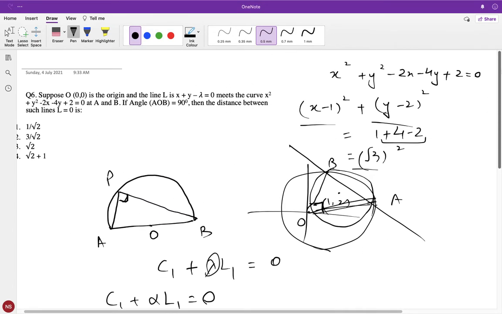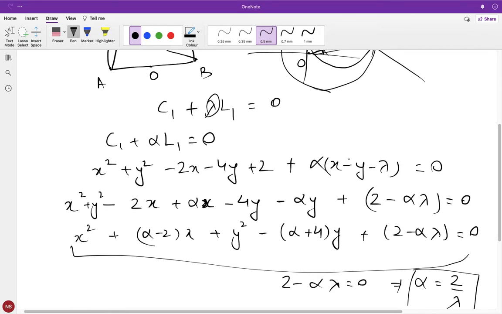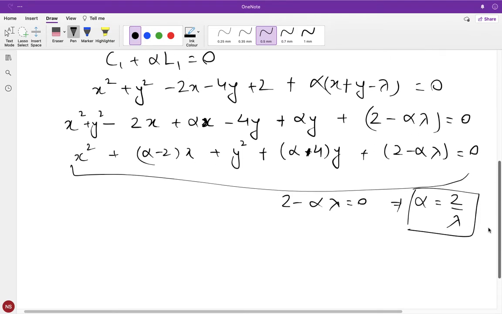The equation of the line is given as x plus y minus lambda, and I have used x minus y minus lambda, so this will be plus. So x square plus y square minus 2x plus alpha x minus 4y, this will be plus alpha y, the rest is okay. So x square plus alpha minus 2 x plus y square plus alpha minus 4 y plus this is equal to 0.